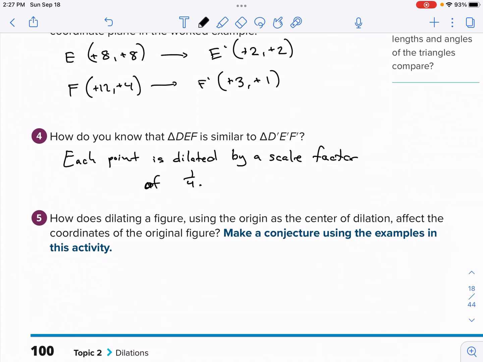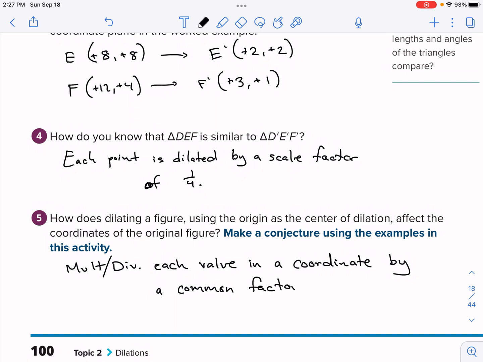And how does dilating a figure using the origin as a center of dilation affect the coordinates of the original figure? Pretty much what just happened here is you either multiply or divide each value in a coordinate by a common factor.